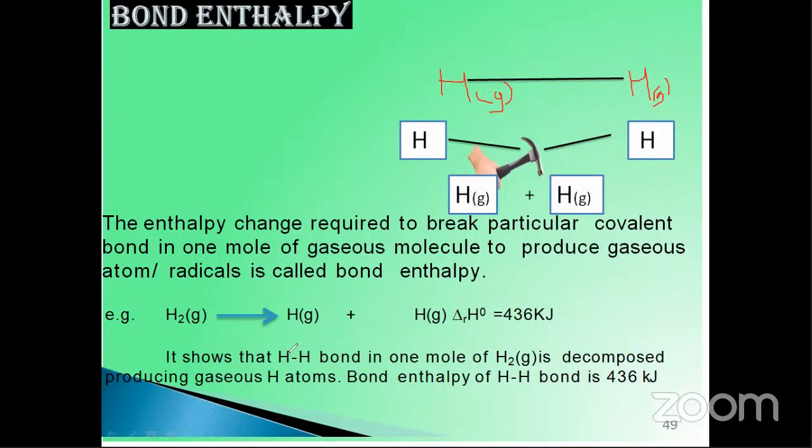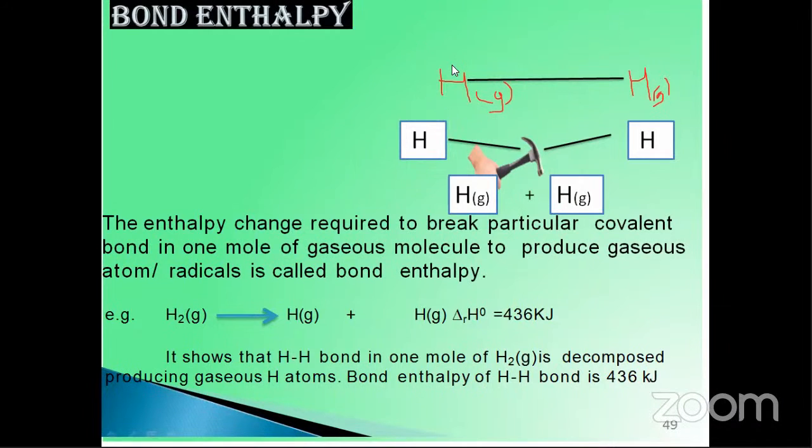It shows that the H-H bond in 1 mole of H2 gas is decomposed to produce gaseous hydrogen atoms, and this energy required to break this particular bond is known as bond enthalpy. Hope you have understood what is bond enthalpy.